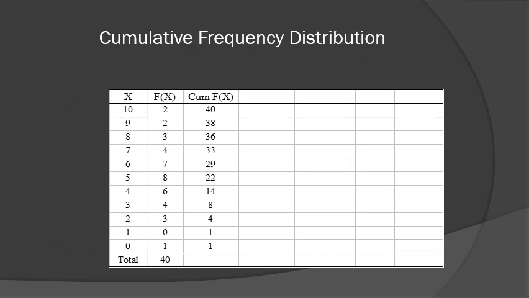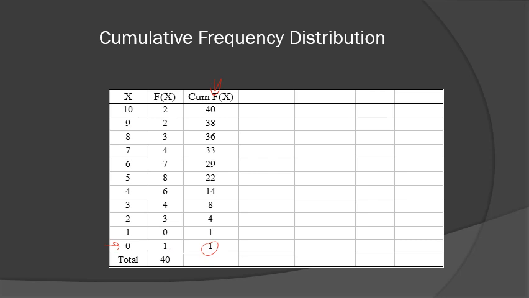So here you've got cumulative f of x, and it's all values at and below that point. Let's start at the bottom. The x value of interest is 0. The frequency is 1, so the frequency of all values at and below that point is 1, because there is 1 at or below 0.